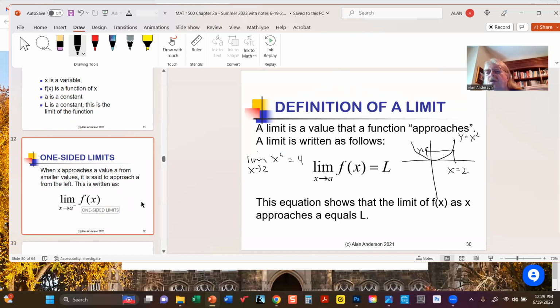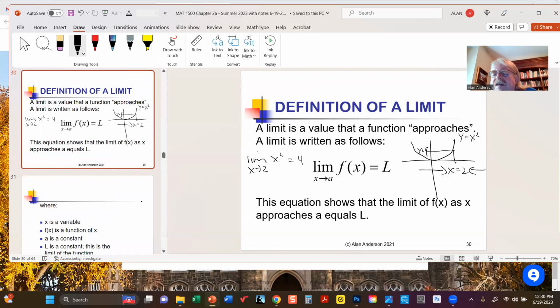One-sided limits means we're approaching from one direction or the other, but not both. This one implies, as we've seen, that it's approaching from either direction and they're both the same.